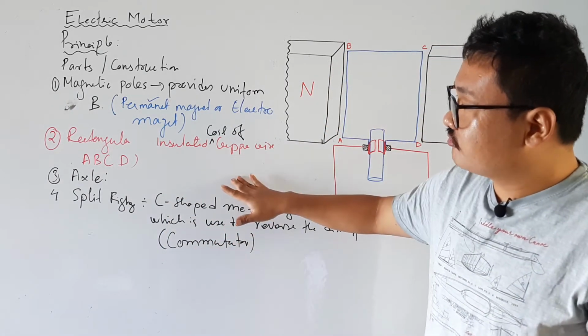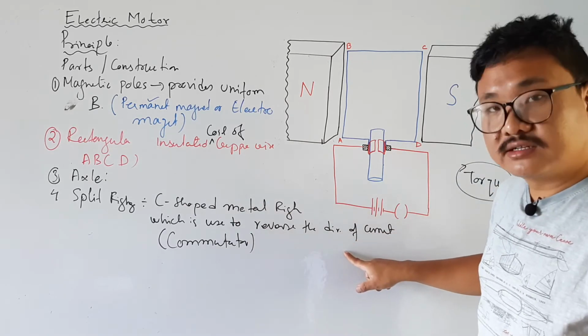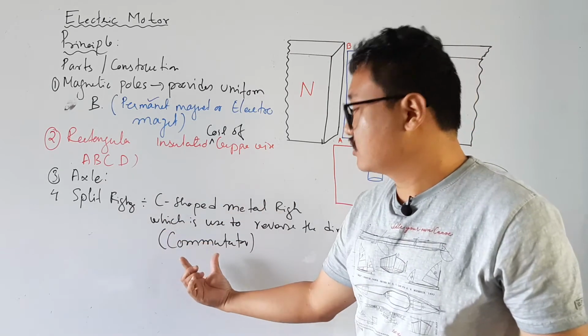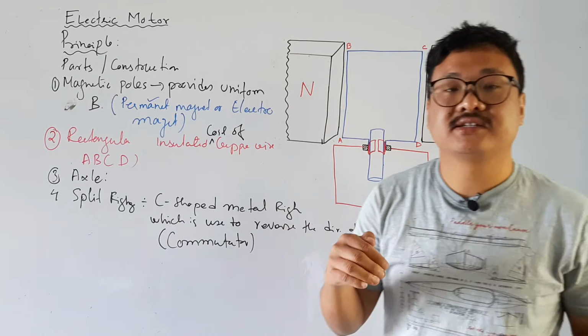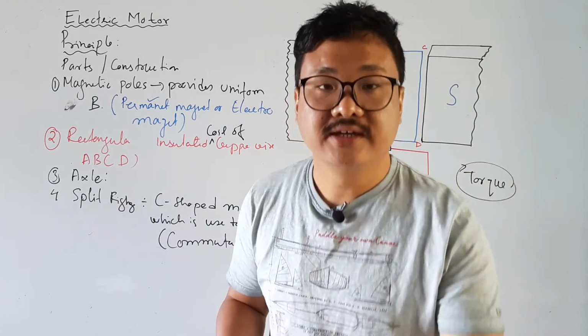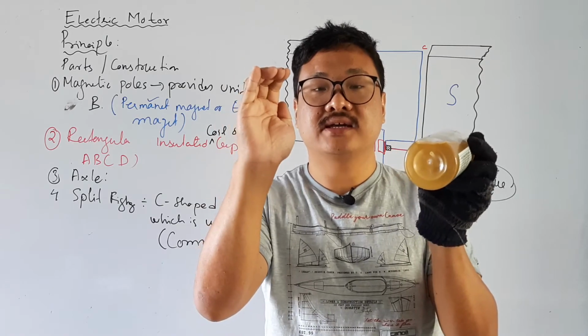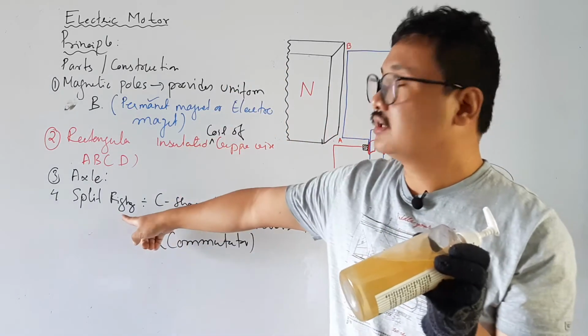So it reverses the direction of current. So therefore this split ring can also be named as commutator. So what is a split ring? It is a C-shaped metallic ring. For an example, if this is my axle and this is my C-shaped metallic ring, which is called split ring.